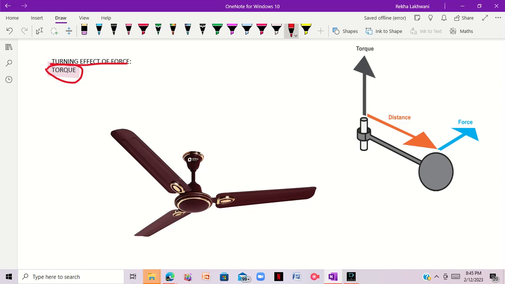Torque is how a body rotates, how a body basically turns. This torque depends upon three things.